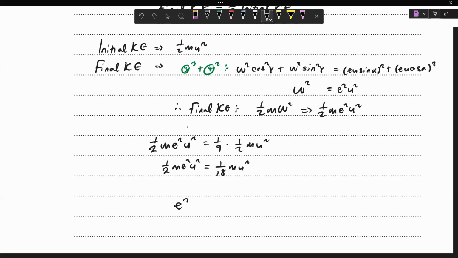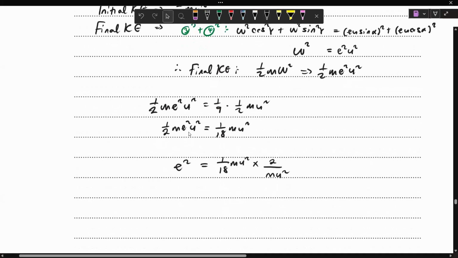So to get E squared, we'll be saying 1 over 18 mu squared times 2 over m U squared. So E squared is equal to 1 over 9, since the mu squared terms cancel. So E is equal to a third.